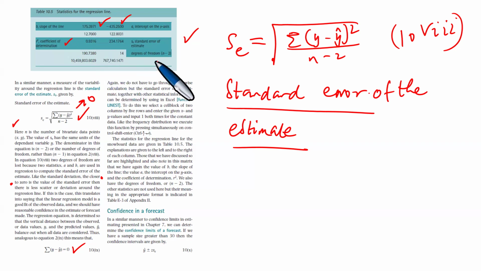Then we also have the standard error of the estimate, and this is the formula for the standard error. The degrees of freedom become n minus 2. We saw why degrees of freedom are labeled as 14 here: n is 16 for the coded data, and therefore it is 14. So with 14 degrees of freedom, we are able to compute the rest of these statistics.